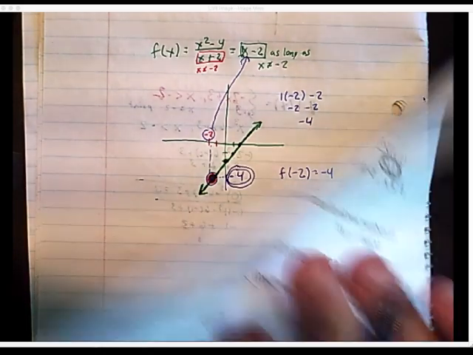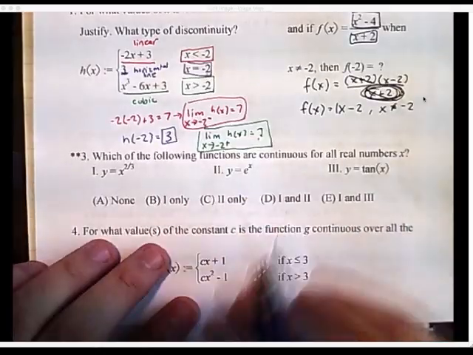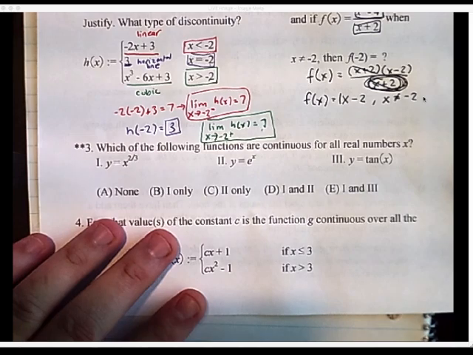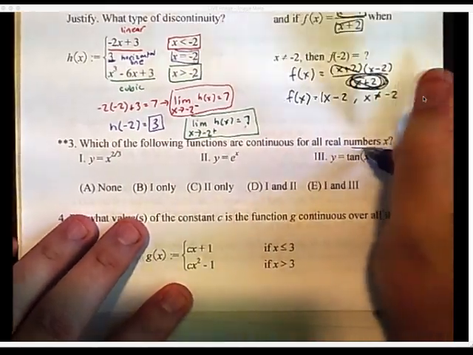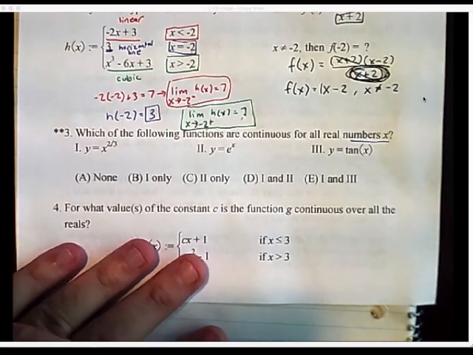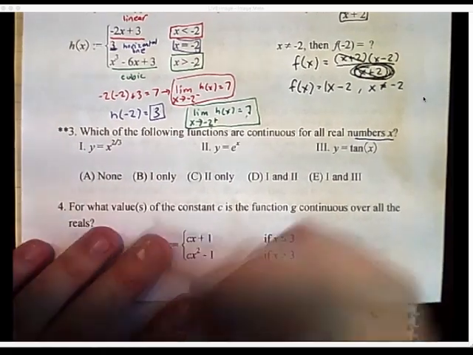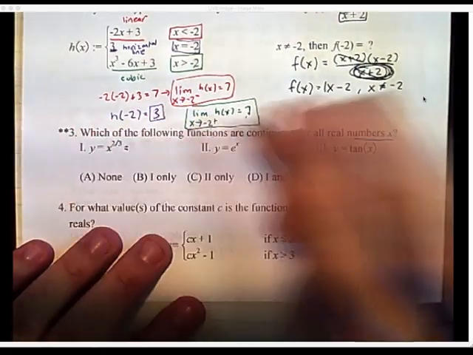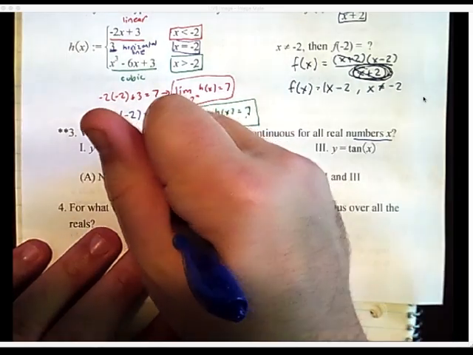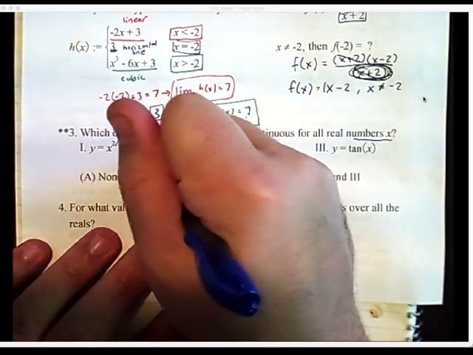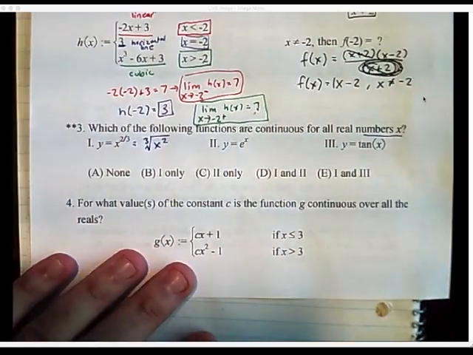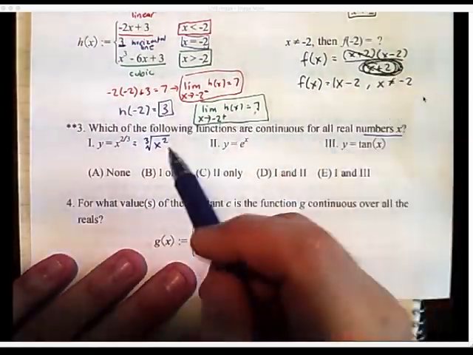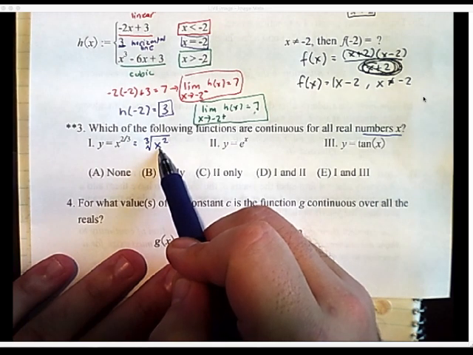Okay. Number 3, it says, which of the following functions are continuous for all real numbers x? This is where your knowledge of graphs will help you. Okay, so let's look at number 1, x to the 2/3 power. If you think about this, this is like saying the cube root of x squared. Now think about what type of values you're allowed to stick in for x.